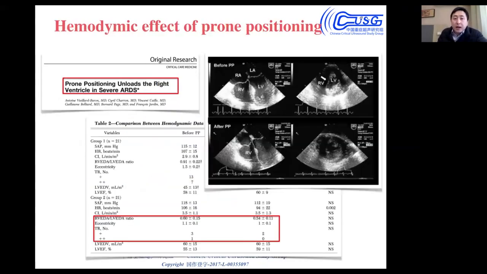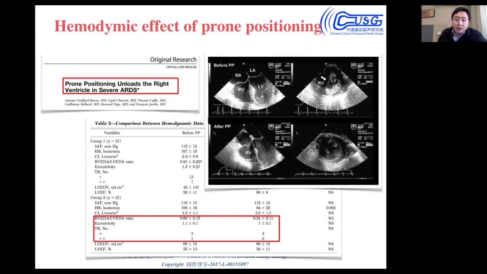And the key treatment is prone positioning in our ARDS patients. We are all very familiar with prone position treatment.